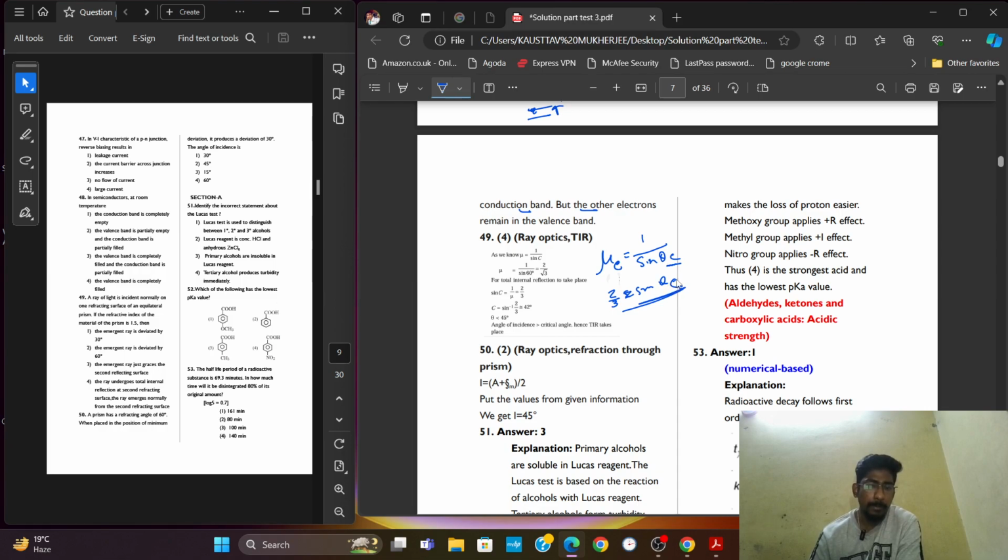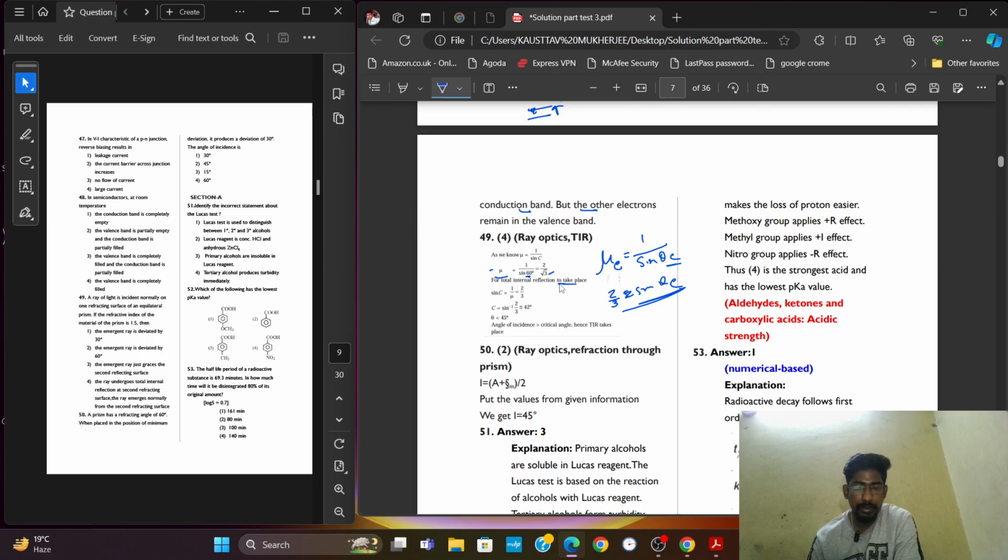Now, a ray of light is incident normally on the equilateral prism. Let us take a condition where the critical angle theta c is 60 degree, then the value of mu will be equal to 2 by root 3, right?